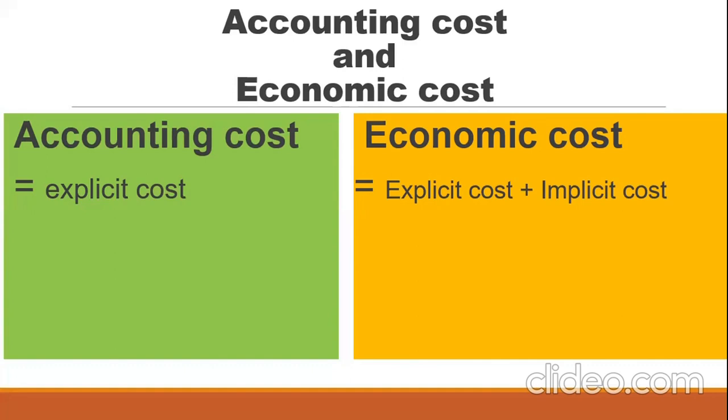If the food you bought is for 1,000, that 1,000 is your explicit cost. Now, you are supposed to be at work and your job pays you 1,000 per day. That 1,000 you did not get that day because you decided to go buy food. That is the 1,000 that you forwent, or the 1,000 that you gave up, and that becomes our implicit cost.